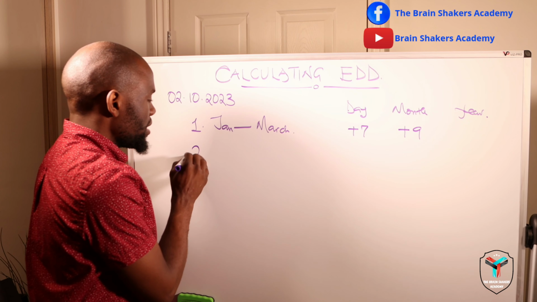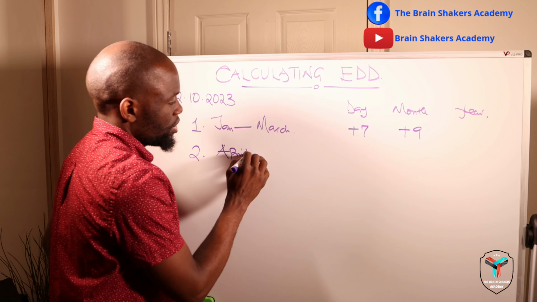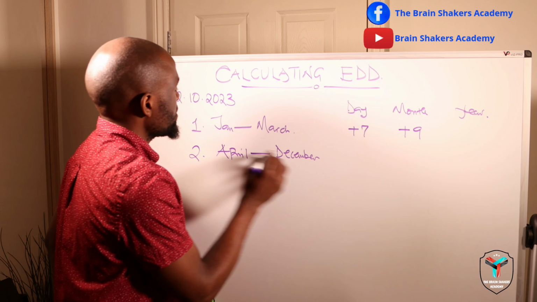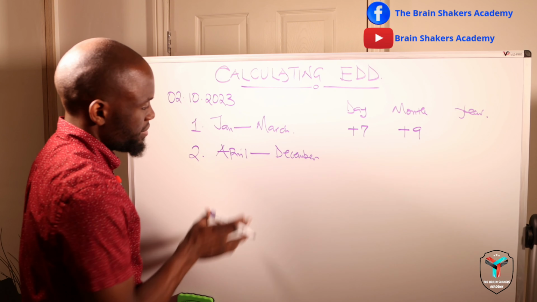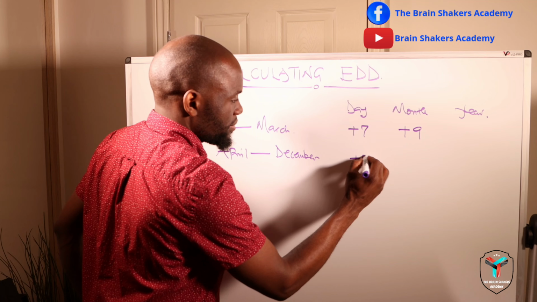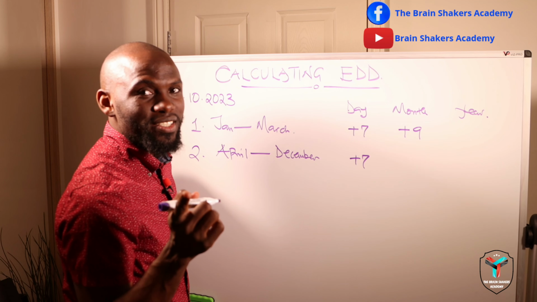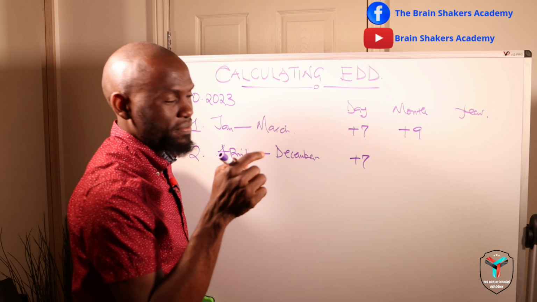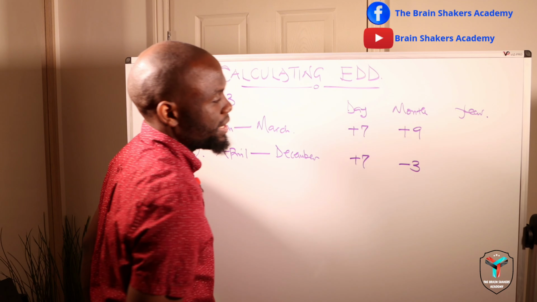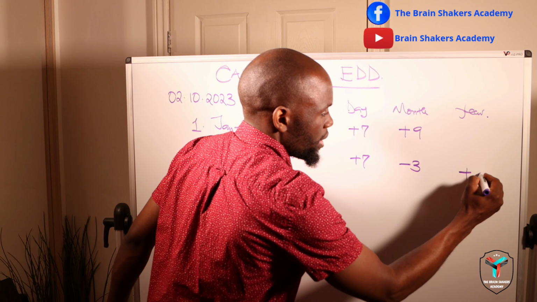Then the second way in which we can do it is from April to December. Of course, that is where this particular date that we have here falls. We are going to add again a 7 to the days, and we are going to deduct a 3 from the month. Then to the year, we are going to add a 1.